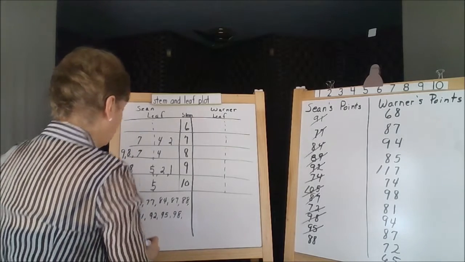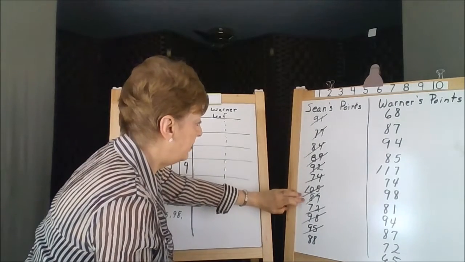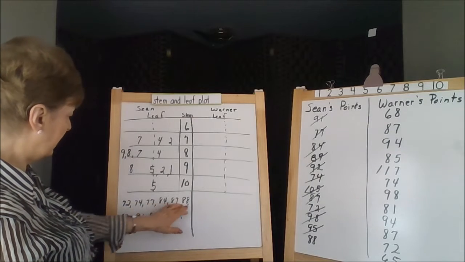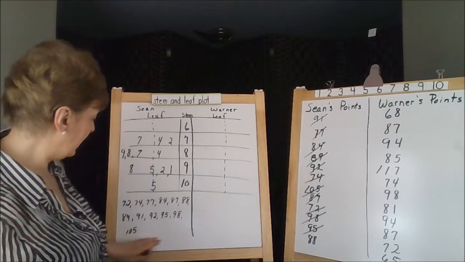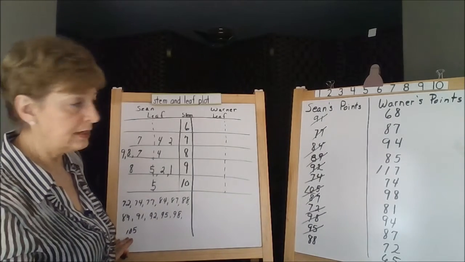Let's count: 1, 2, 3, 4, 5, 6, 7, 8, 9, 10, 11, 12. We've got them all. All of the data is arranged now from 72 up to 105.